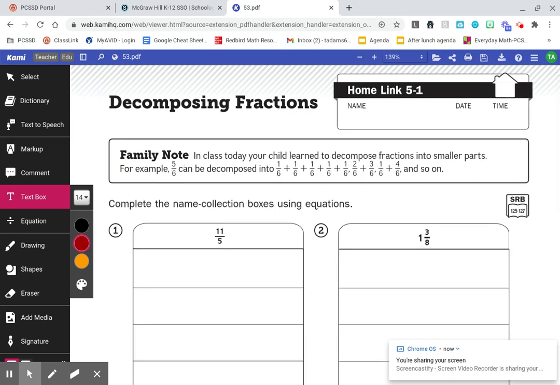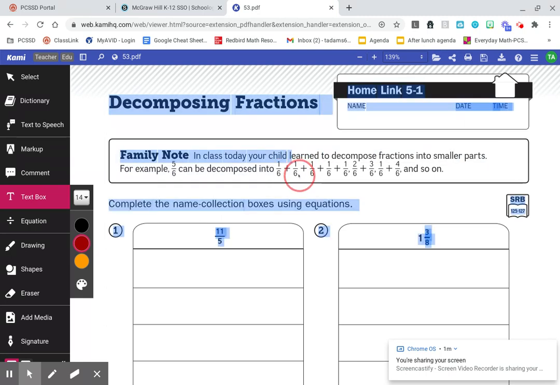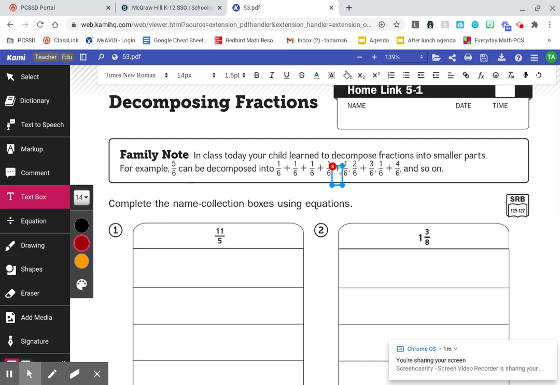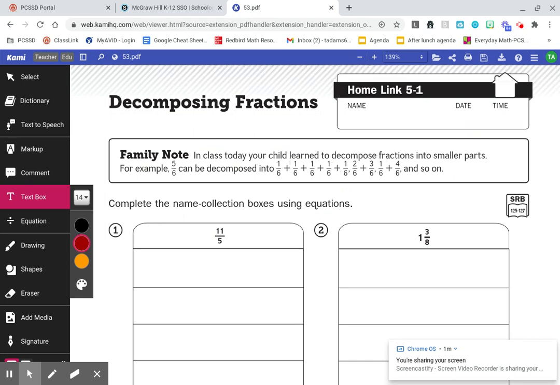If you need a reminder, here's a quick example of how 5/6 can be decomposed. And there's more than one way to decompose this fraction. It can be decomposed as 1/6 plus 1/6 plus 1/6 plus 1/6 plus 1/6, because if we add 1 plus 1 plus 1 plus 1 plus 1, that all equals 5.